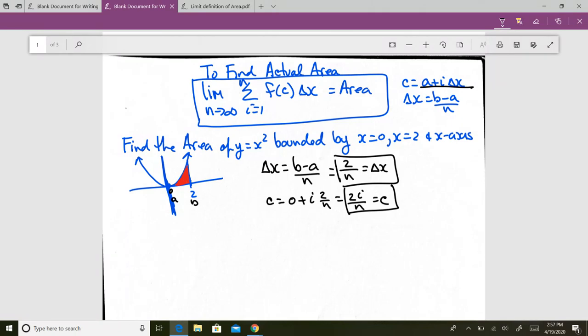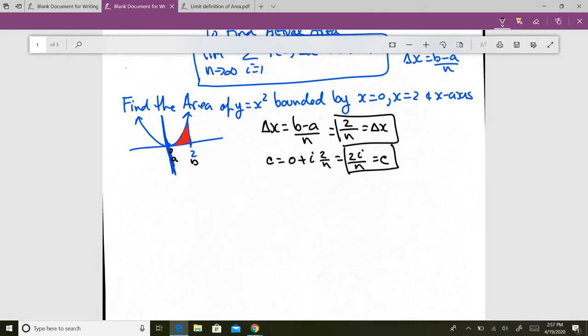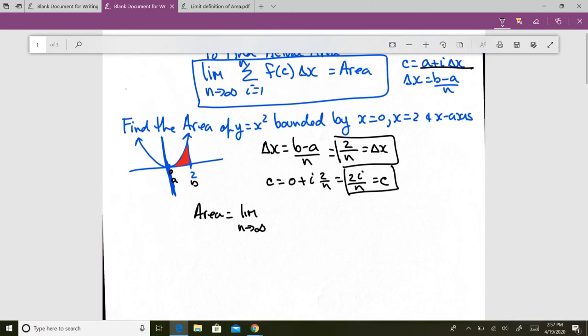All right. Next bit is put it into the formula above. So the area is going to be the limit as n goes to infinity of the summation i is equal to 1 to n of f of c. What's my c value? 2i over n times delta x.